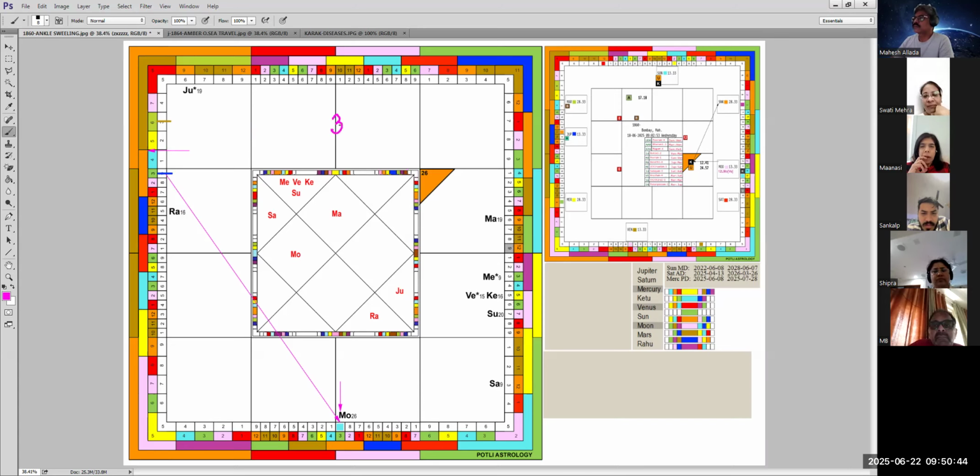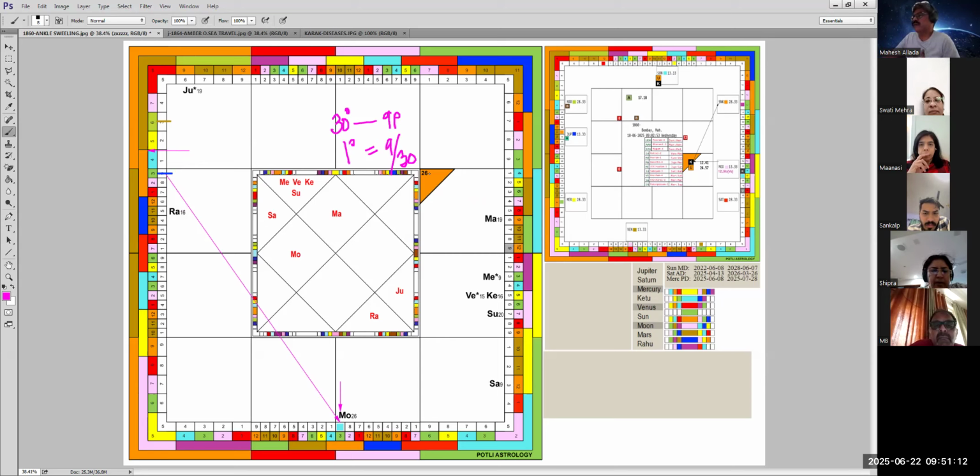It's basically 30 degrees. You cover 9 pada. So 1 degree is equal to, how have you done it?